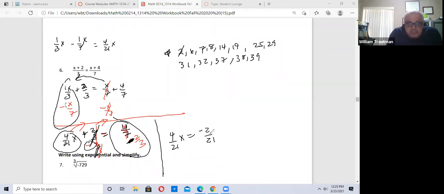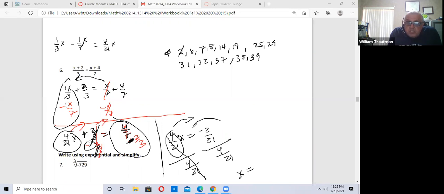4/7 minus 2/3, yes. Okay, so now I just need to take this 4 over 21 to the other side. The easiest way, it's multiplying, so I'm going to divide both sides by 4 over 21. That cancels out, and I'm left with x equals. So I'm going to put it in my calculator exactly like that. I hit fraction.